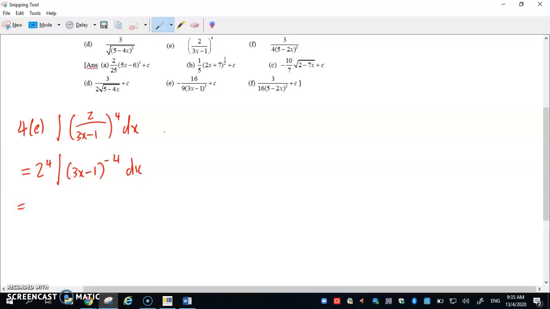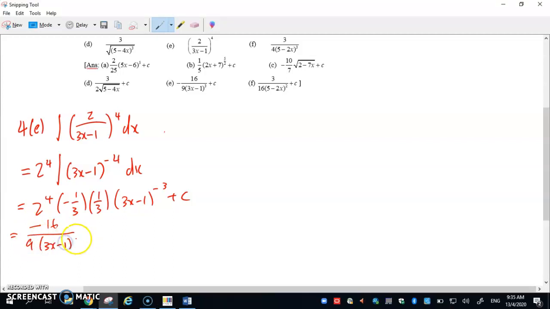Right now minus 4 plus 1 is minus 3, so you have 2 to the power 4 times negative 1/3, followed by multiplying by 1 over 3 to get (3x - 1) to the power of minus 3 plus c. Right now we just have to simplify this entire expression. It will just be negative 16 over 9 (3x - 1)^(-3) plus c, and that's your final answer.